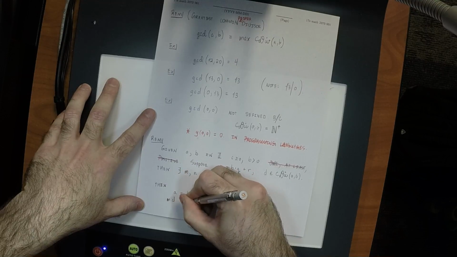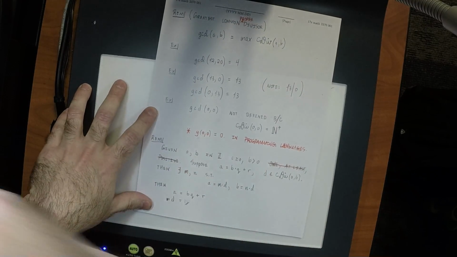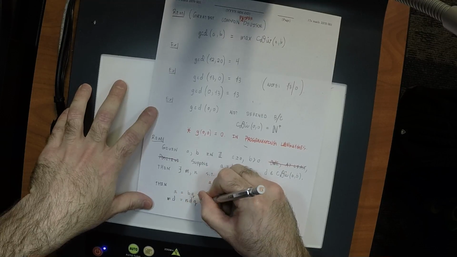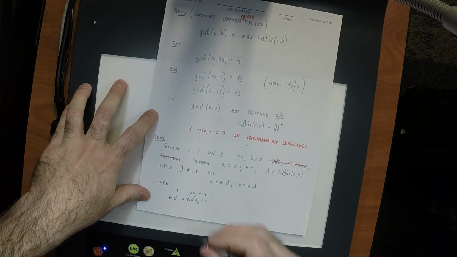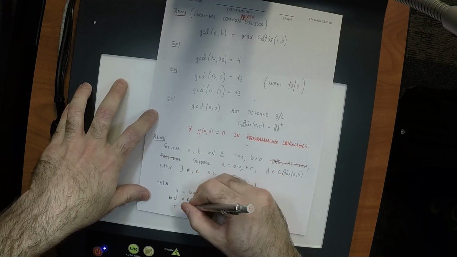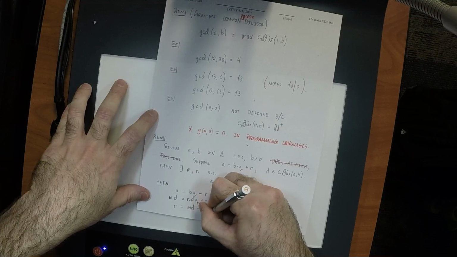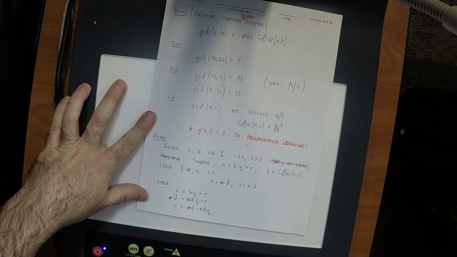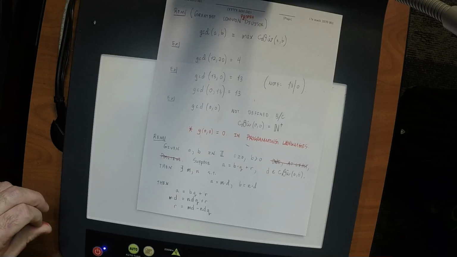MD equals ND times Q plus R. And now I'm going to solve for R. So solving for R yields MD minus NDQ. And I'd like for you to observe that on the right-hand side of this equation, is there a common factor of D?